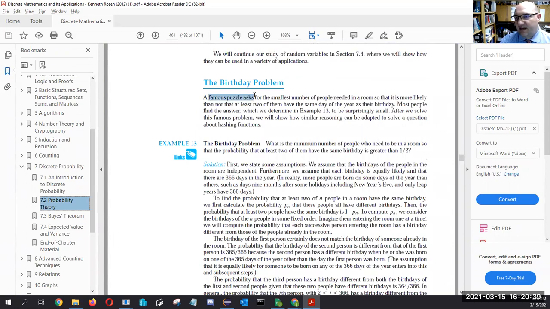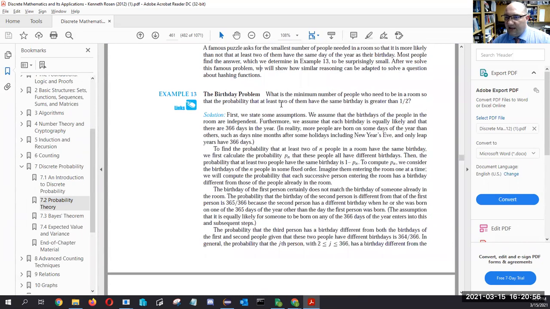A famous puzzle asks for the smallest number of people needed in a room so it's more likely than not to have at least two of them with the same birthday. Most people find the answer, which was determined to be surprisingly small. After we solve this problem, we'll show how similar reasoning can be adopted. So what's the minimum number of people needed in a room so the probability that two of them have the same birthday is greater than a half?